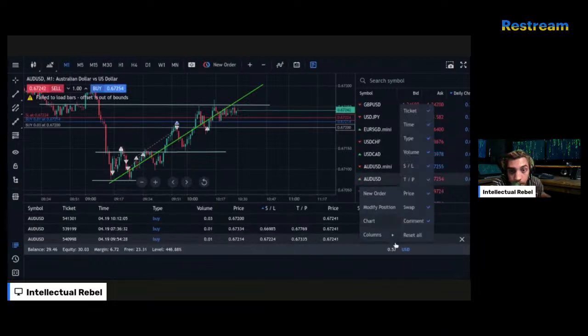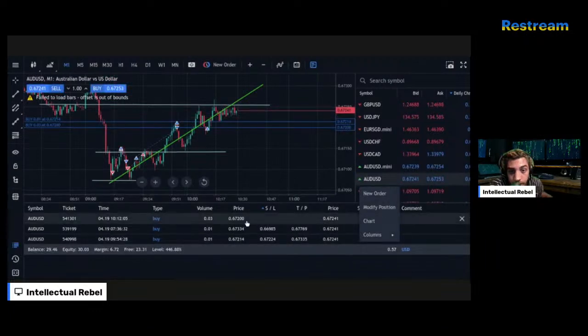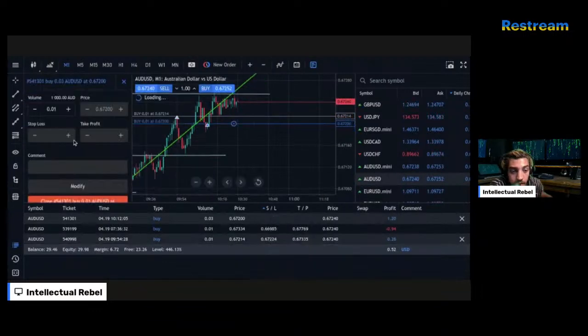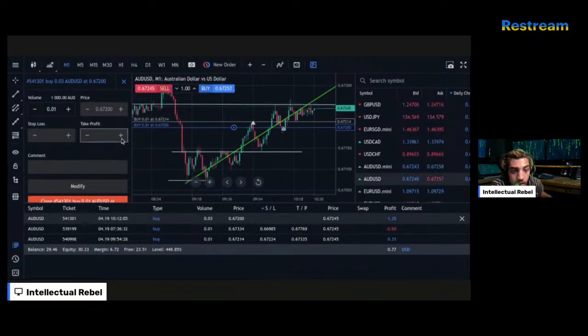I kind of want to close off this one because I don't know why it's not letting me apply a stop loss. That's weird.